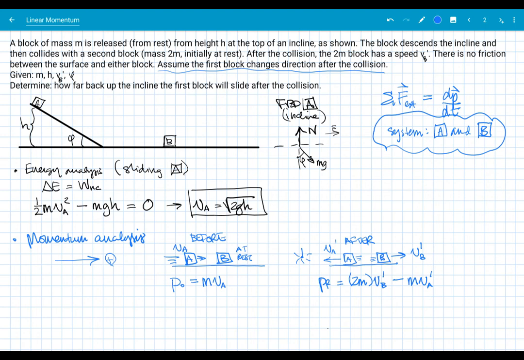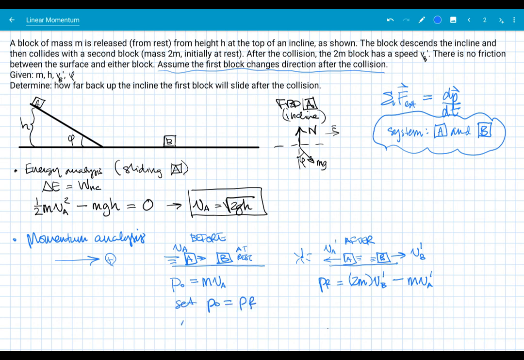So those are internal forces. That is key. It's really important because all those messy collision forces are internal forces. So I can make my case for the sum of external forces being zero, and that's what allows me to set the initial and final momenta equal to each other.